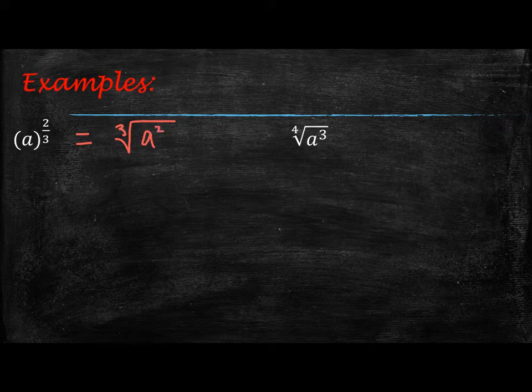Just remember the denominator comes to the front, and that's the index of your radical. In this particular example, I have the radical, the fourth root of a to the 3rd, but when I want to write it with an exponent, it's a to the 3 divided by 4 power.